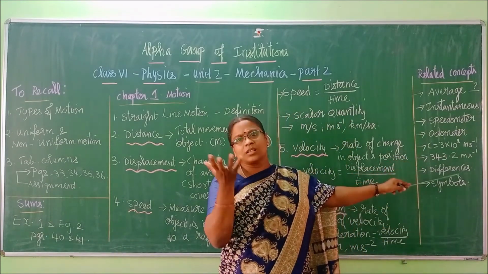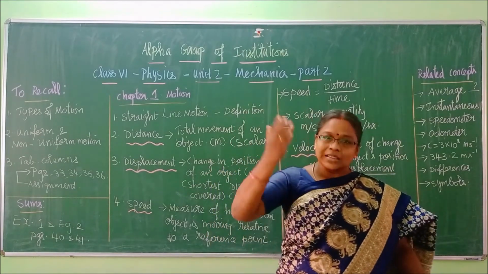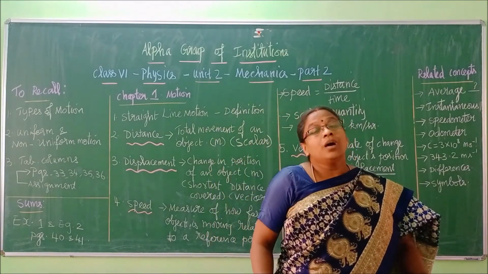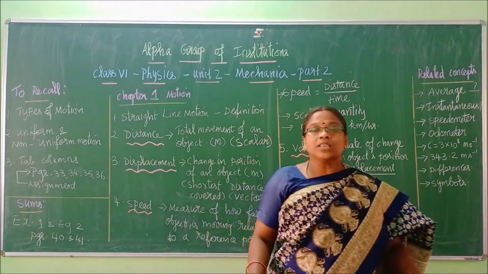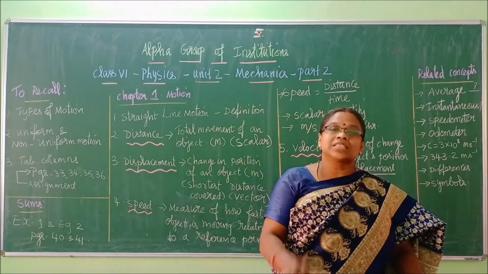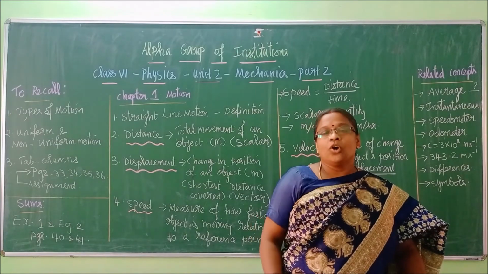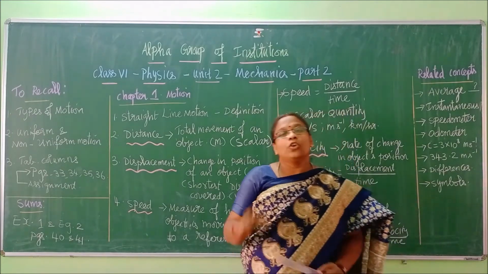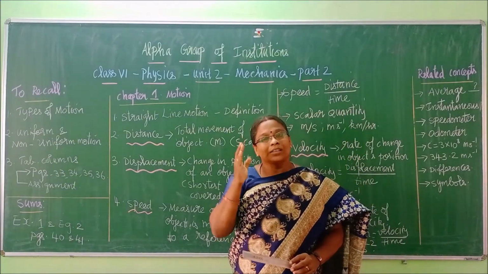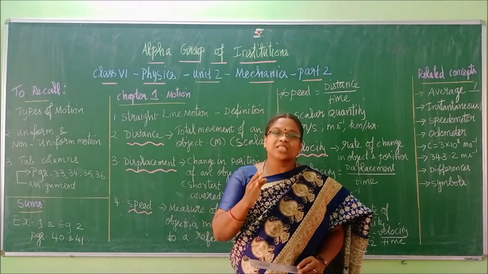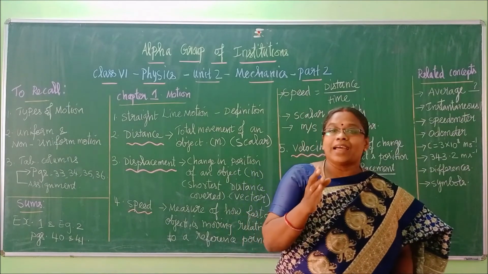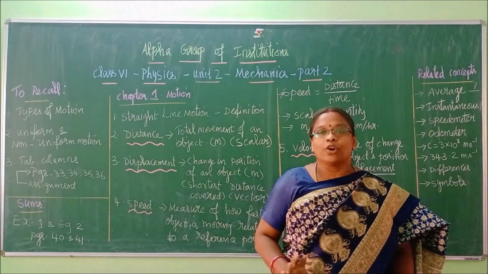The greatness of this value you can understand in your higher classes. But we can say, in this whole universe, light is the fastest traveling thing. No other object will travel with the speed of light. The maximum speed that an object can cover is the speed of light.